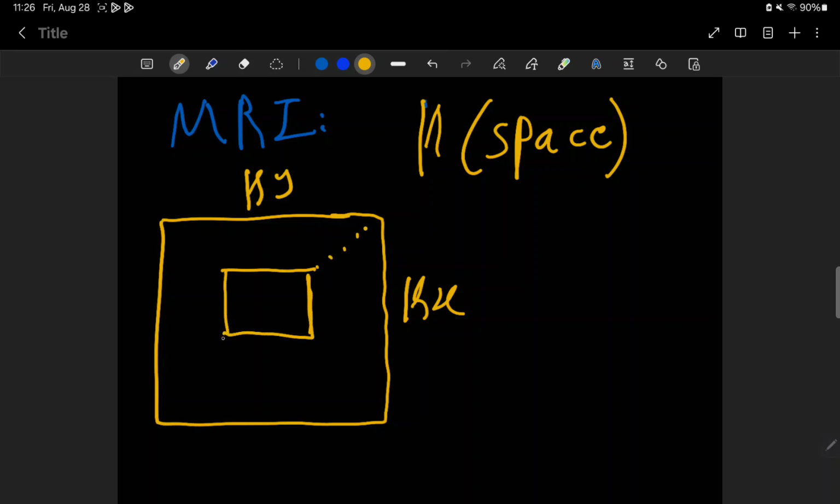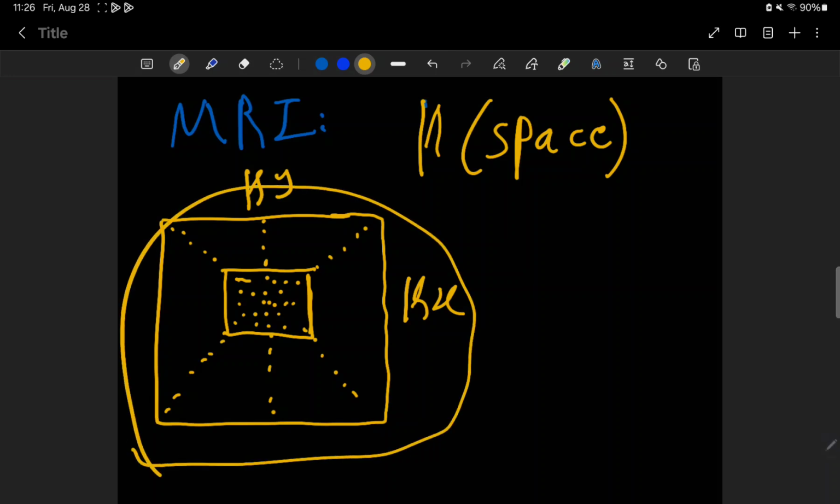For example, you're actually detecting the frequency, but this whole thing doesn't make sense. It obviously represents something, but in the frequency domain.